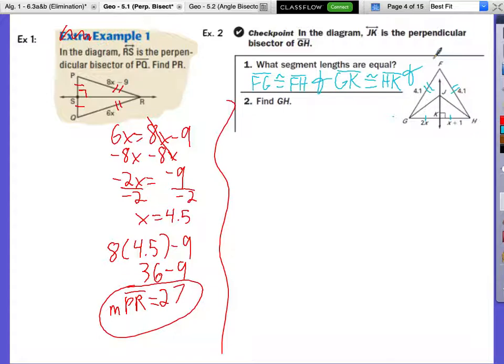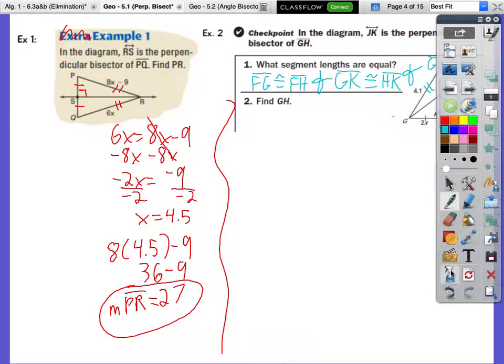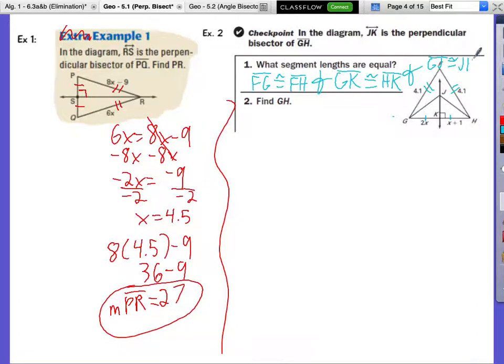How do you know segment GJ and segment HJ are congruent? Because they made it a line. Yeah, I forgot what it's called. So that's the same perpendicular bisector theorem we just did, same one we did over here.